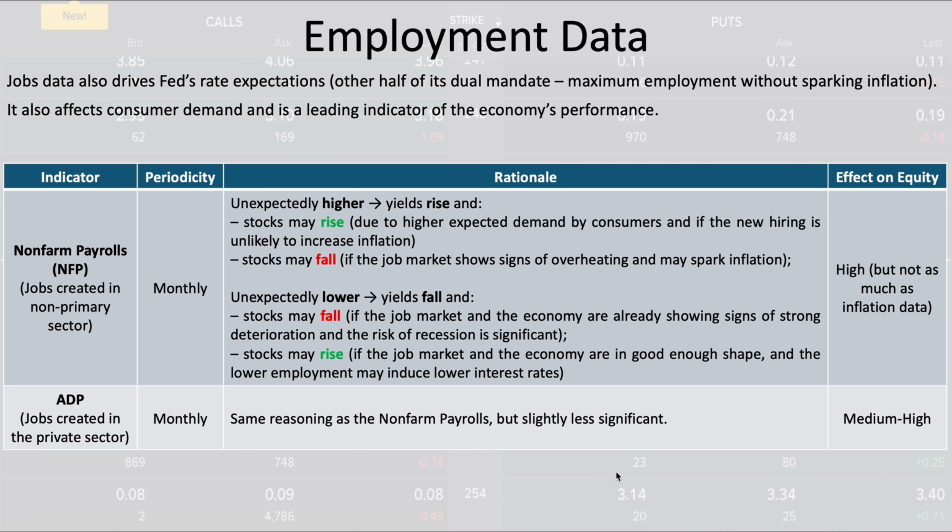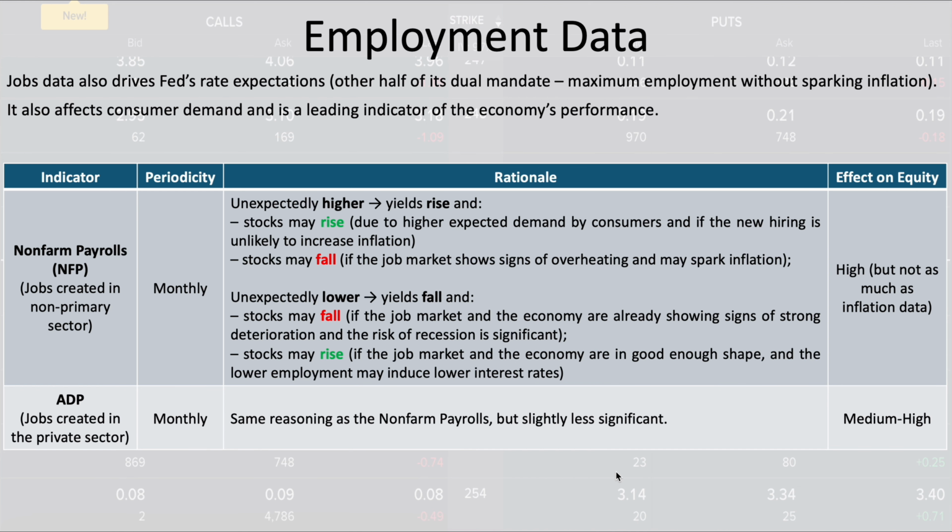As you can see, if it comes unexpectedly higher, yields tend to rise. And why is that? Because the higher the amount of hiring going on in the economy, the less need there will be for interest rates to be lower in the future, and at least they will stay stable, or they can increase in the future. So that's why yields rise.